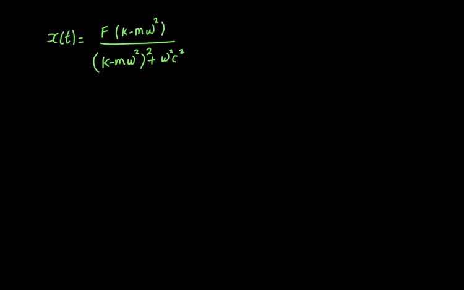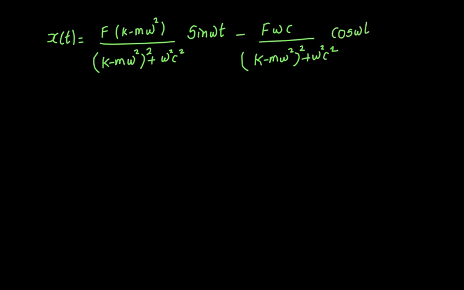This is B1 into sine omega t plus B2 into cos omega t. The B2 value is minus F into omega C divided by (K minus M omega squared) the whole squared plus omega squared C squared, into cos omega t. That is the solution.